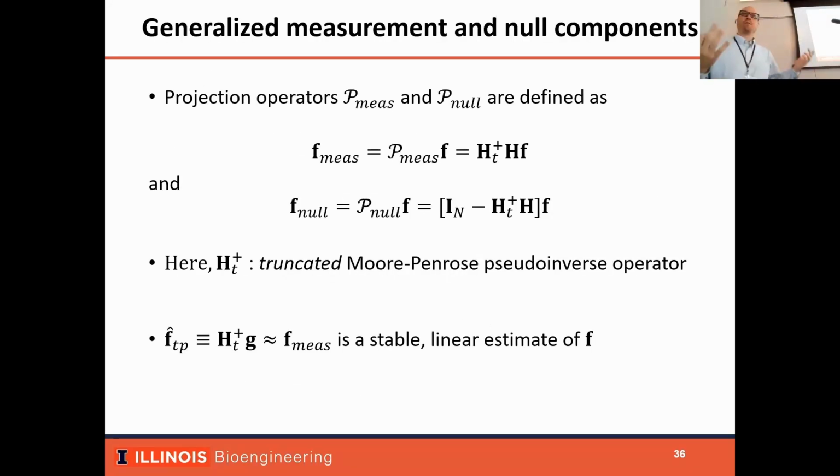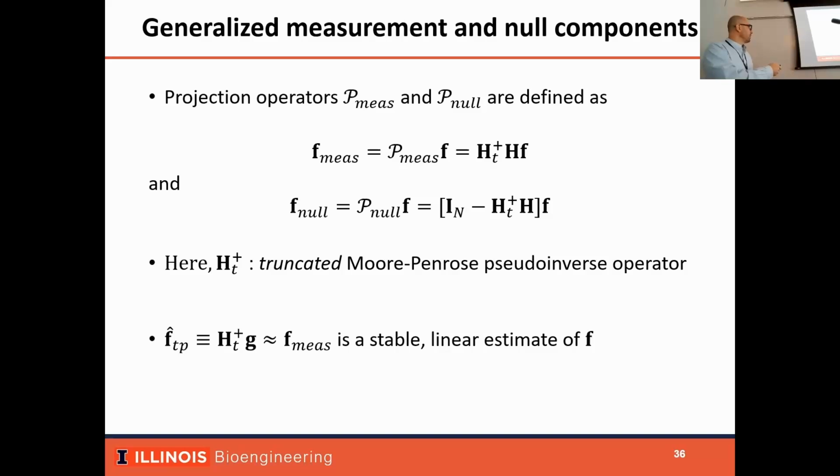So the first issue is, if we have an object, how can we decompose it into its null component and its measurable space component? Certainly this is not a simple matter, especially for large scale tomographic imaging systems. In fact, it's still an open problem and a topic of future work, but at least formally, we can decompose it using the Moore-Penrose pseudoinverse, and we can define projection operators.